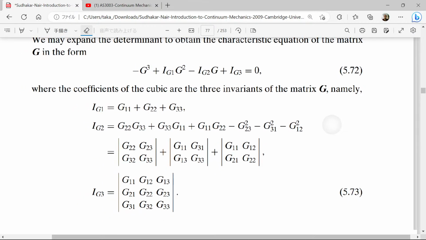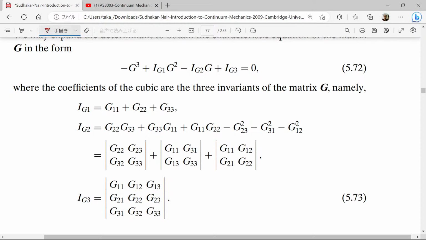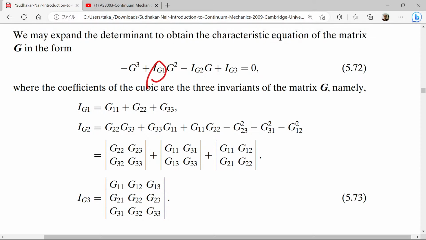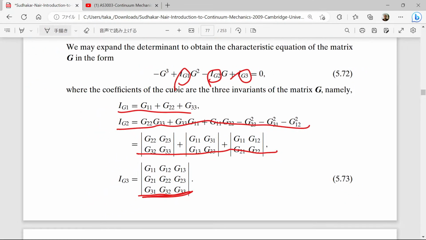Anyway, so this way you have IG1, which is this, IG2, which is this. So it's more like a summation of cofactors. Then you have IG3. IG3 is like this. Then this is a cubic equation.